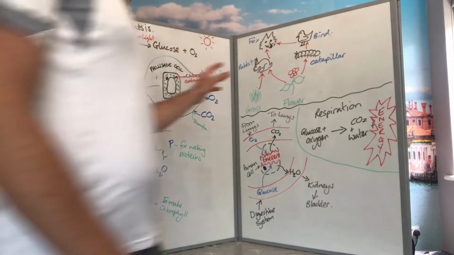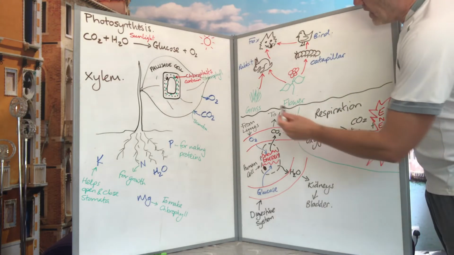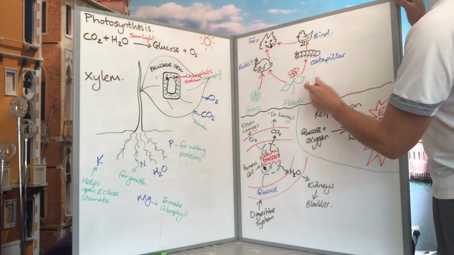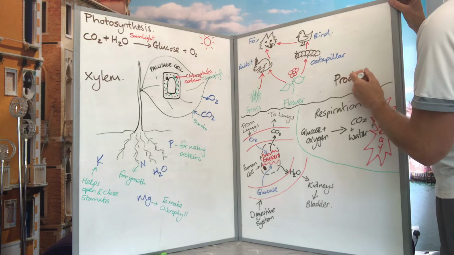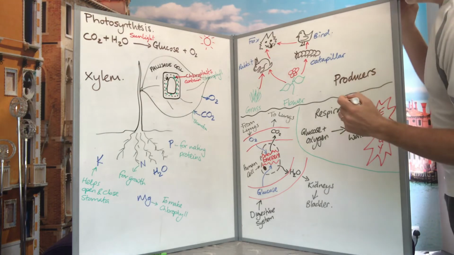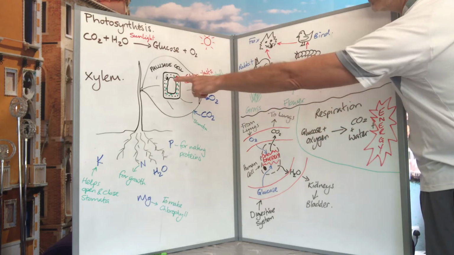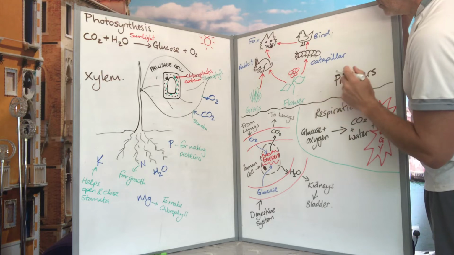Okay, moving across to food chains and webs. We have a number of layers here. So our plants are known as producers. And these make their food through photosynthesis, which we've seen here, and nutrients from the soil.